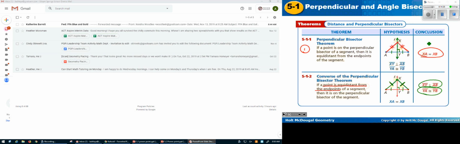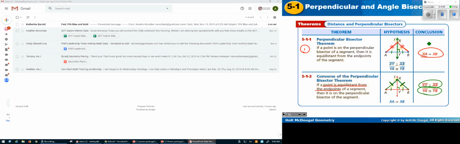So the converse is going to say, this point is equidistant to the endpoints, and so you're concluding that this must be perpendicular and bisecting. What you're really concluding is that XY is a perpendicular bisector.